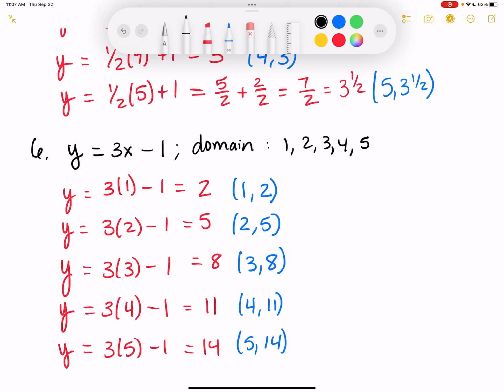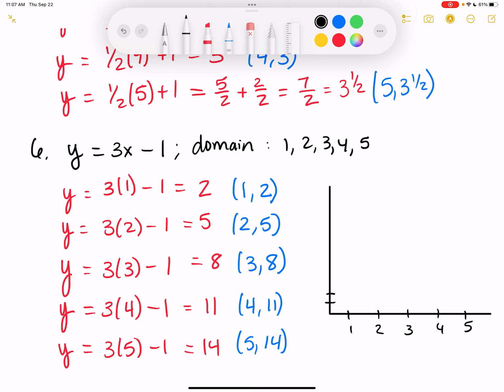Since my y values go up to 14, I think I'm going to count by 2's going up just so my graph's not huge. So on the bottom, I'm going to count by 1 still. 1, 2, 3, 4, 5. And then on the other side, I'm going to count by 2's.